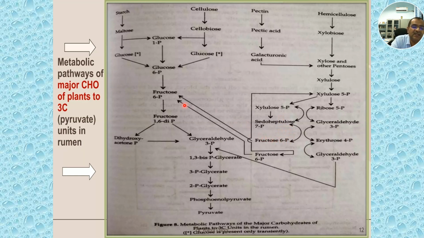Once again, it is entering this particular starch pathway, so that ultimately pyruvate is produced. So the end product of all these, whatever it may be, is converted to pyruvate.